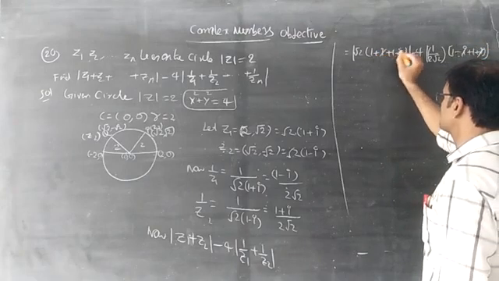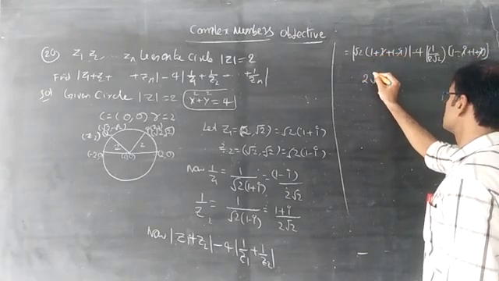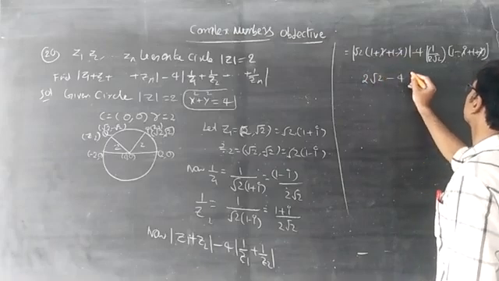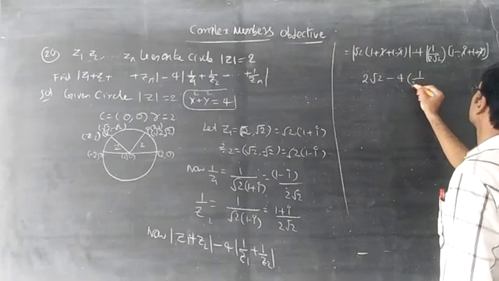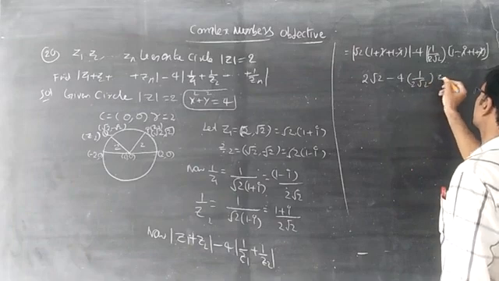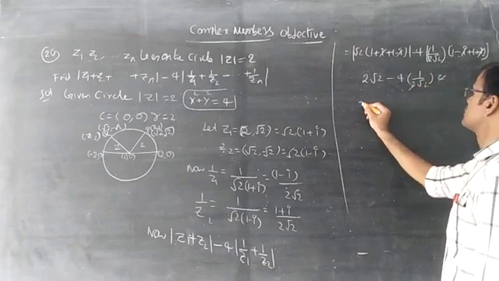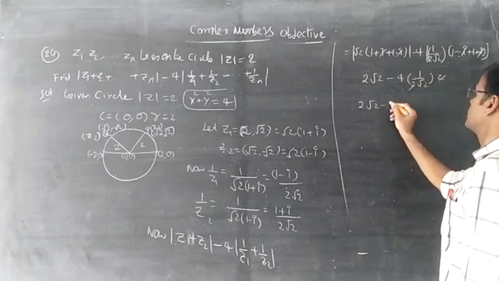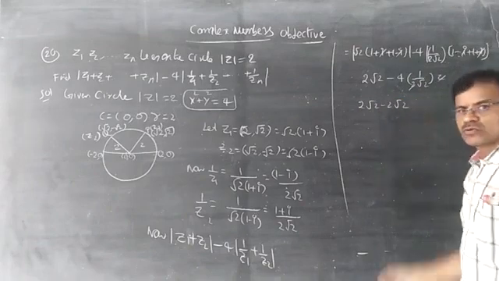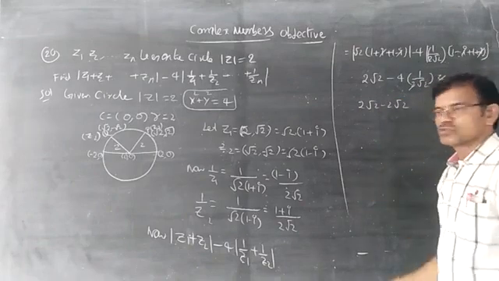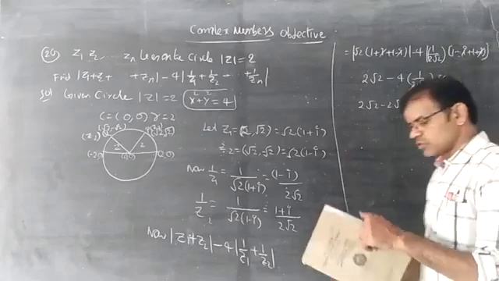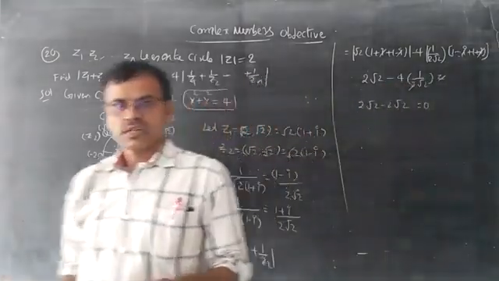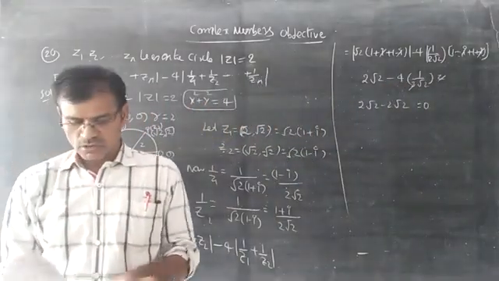It is becoming 2 root 2 minus 4 into 1 by 2 root 2 into 2. Yes, this 2 will get cancelled. So this root 2 will be divided in 4 to root 2 times, because 2 into 2 like this. So answer is 0. Answer is 0 here according to options.